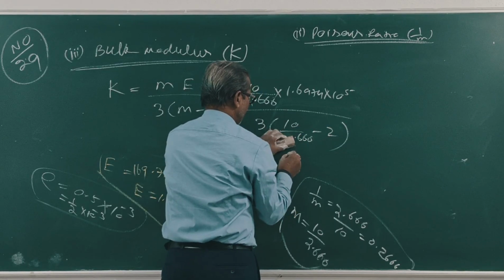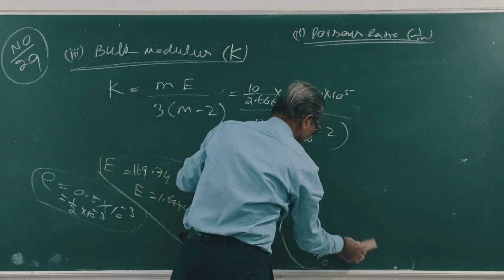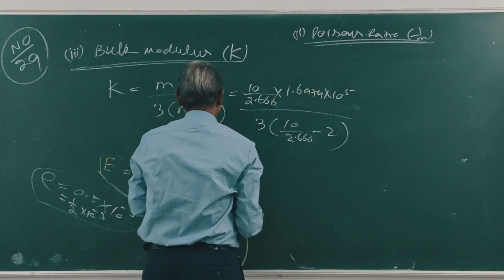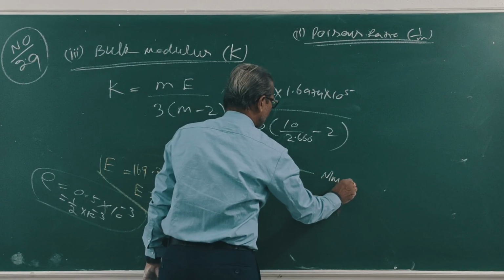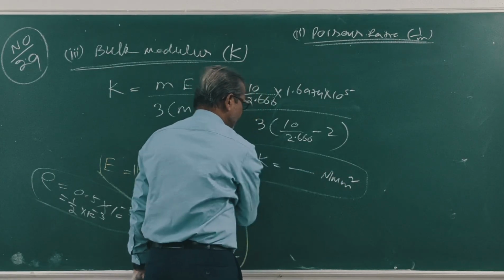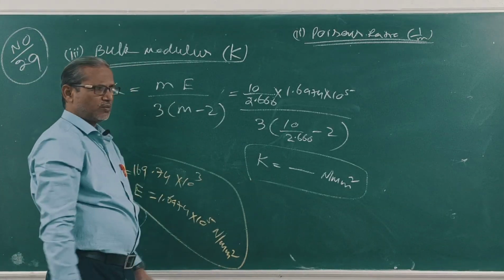Clear? Make the solution and find the answer. K is something Newton per m square. Clear? K is equal to so many Newton per m square. This is your question number 29.